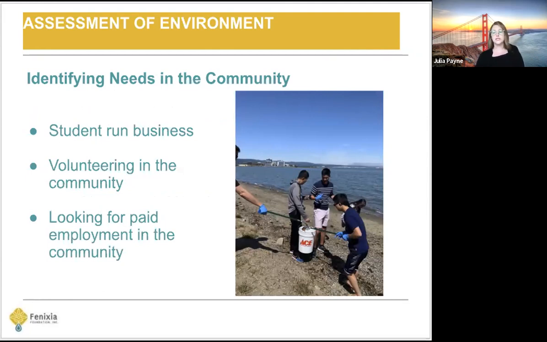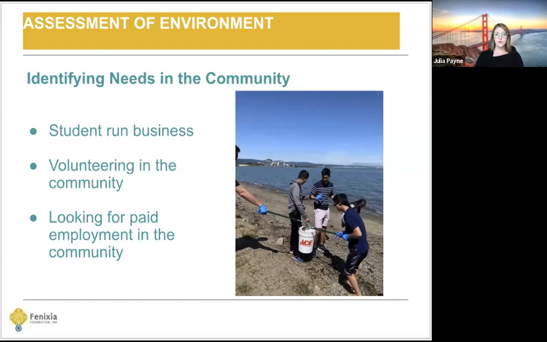If one of the needs is income, and for some students and families, that's what it is going to be, bringing in some outside income. These students are adults. It would be really helpful to their family for them to help support themselves, but also maybe their families. A student-run business is a great place to start. This is where a student is using some of the skills that maybe they've already built at home or at school and using it to create some income.